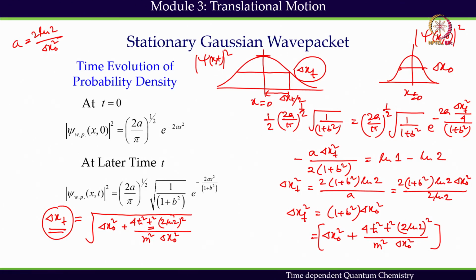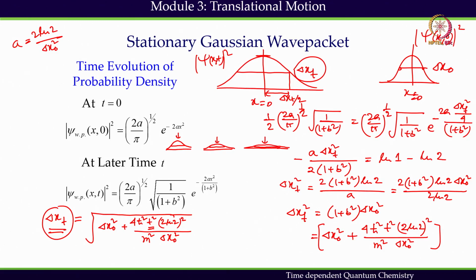It will increase the width of the stationary Gaussian. So, let us say I started with this Gaussian, slowly it will spread out, and when it is spreading out, its amplitude will go down definitely, because total integration has to be 1. So, area under the curve has to be constant. So, its width is slowly increasing and the amplitude will go down.